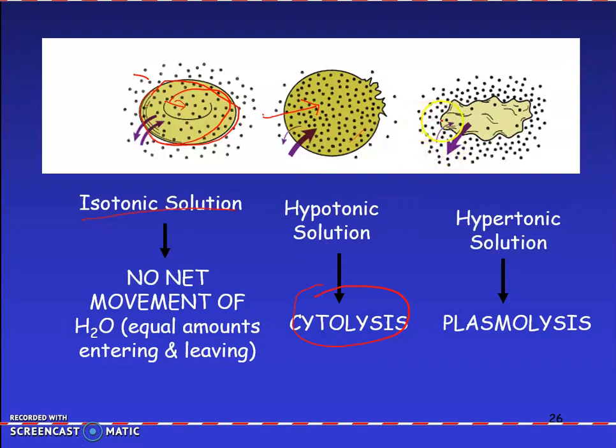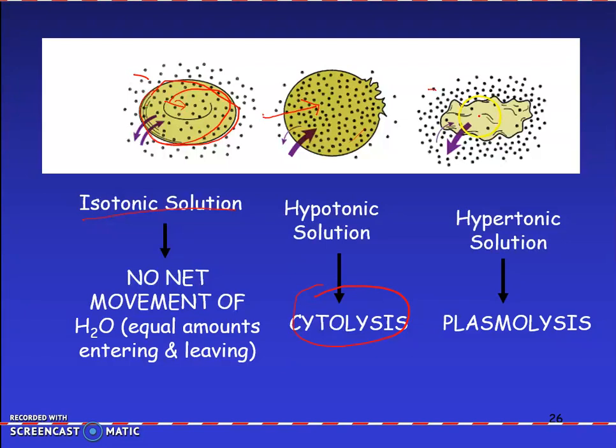Take another scenario. If we keep the cell in salt water, the concentration of the salt, the solute, is higher outside the cell, and the concentration of water in the cell is high.